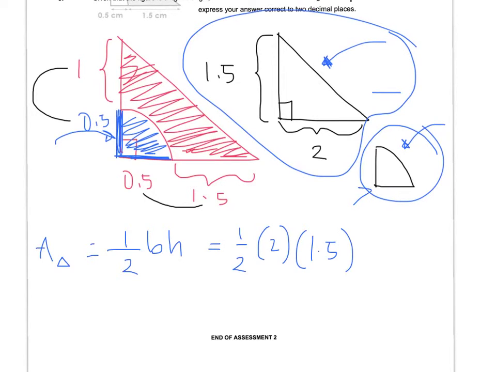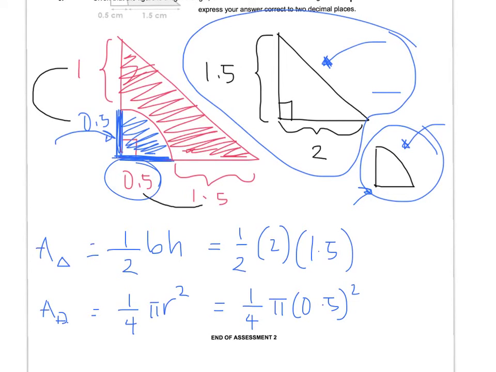For the area of a quarter of a circle, that is basically 1/4 the area of a circle, which is pi r squared. So we have 1/4 pi, the radius is 0.5, so 0.5 squared.